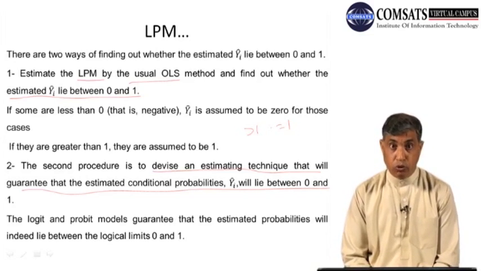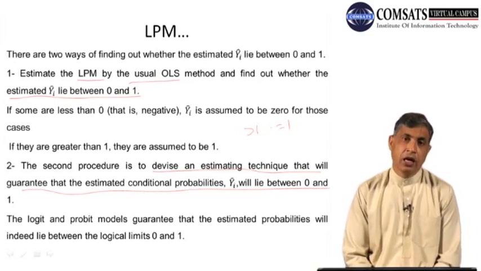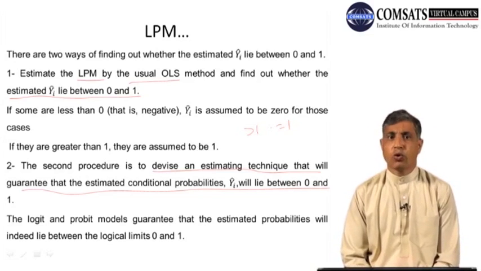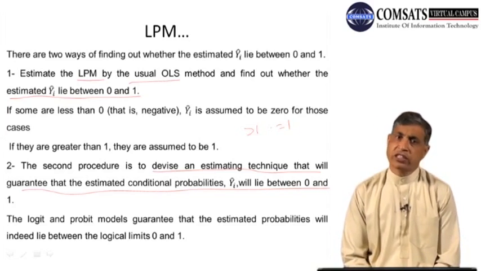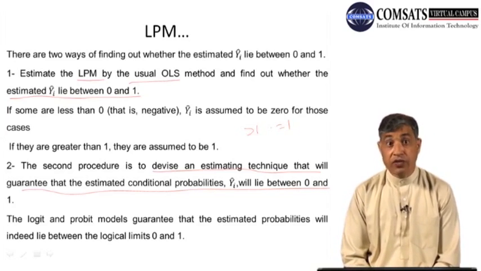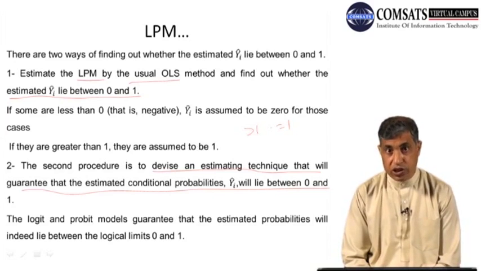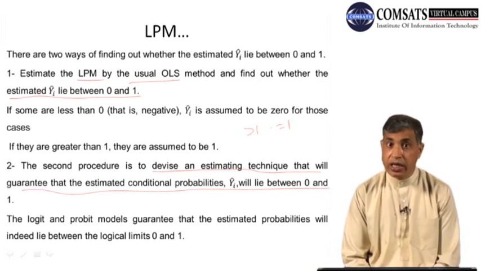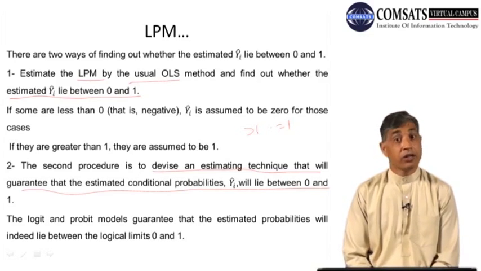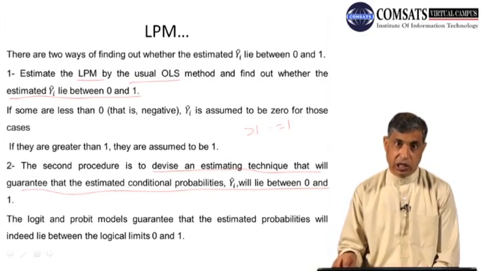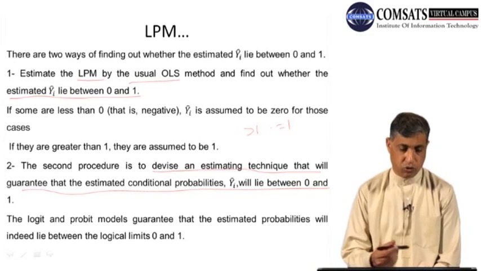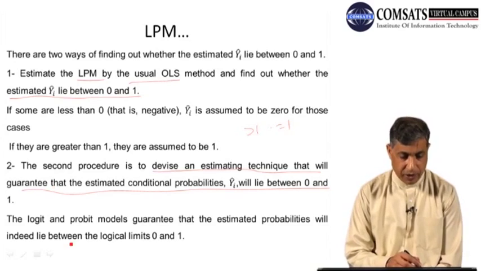The second is more attractive and logical: rather than sticking to OLS or the linear probability model, why should we not go for some other solution? If the other solution guarantees that our estimated values will not cross the limits of 0 and 1, then we will look at it, and shortly you will see which models I am going to address: the Logit and Probit models. Immediate contenders have emerged.